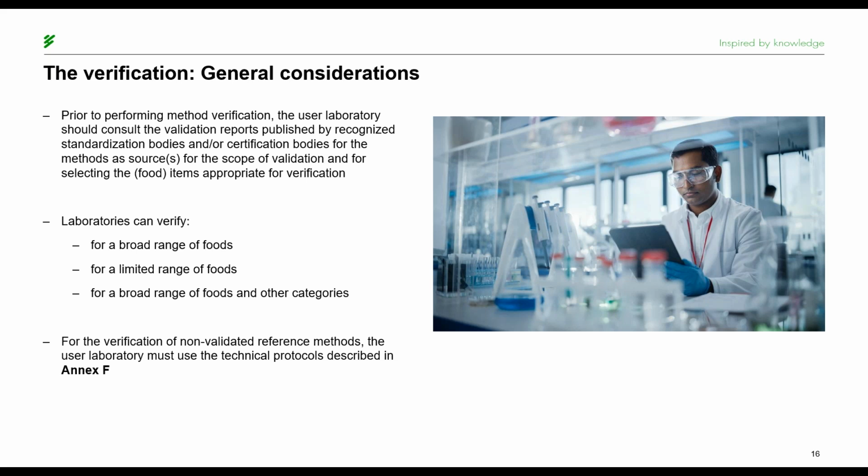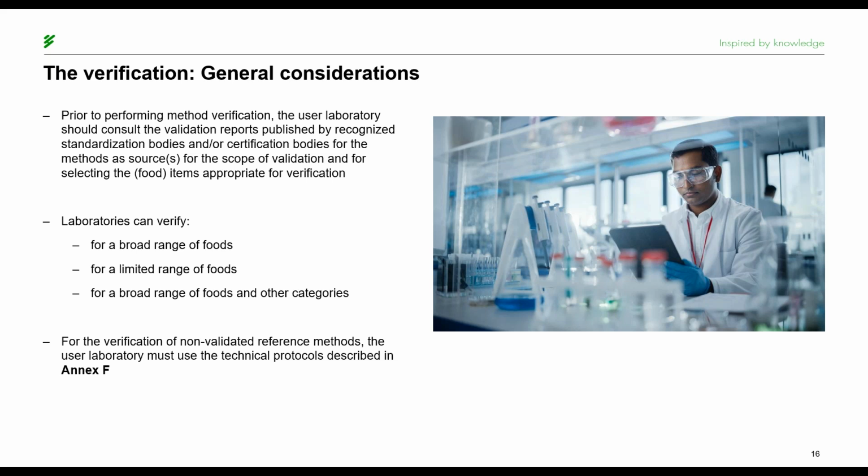In the second part of the presentation, I mentioned an example of a laboratory that wanted to verify a broad range of foods, since there are different scenarios depending on the scope of the laboratory. So we can find verification for a broad range of foods, for a limited range of foods, and for a broad range of foods and other categories.